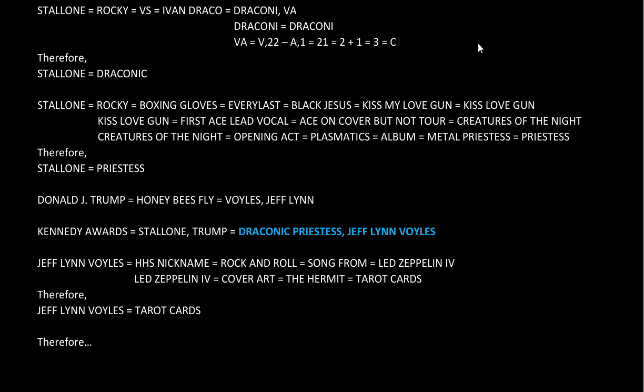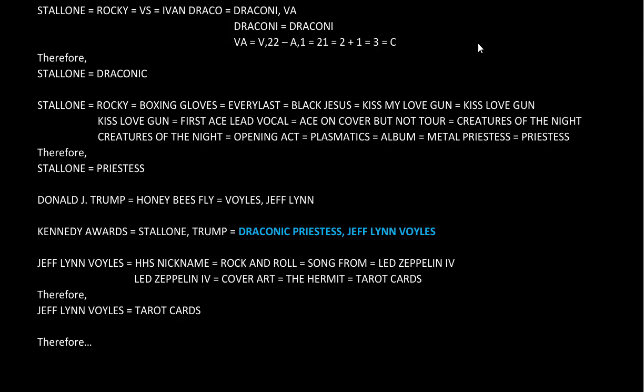Ivan Drago becomes Draconic. Stallone, as Rocky wore boxing gloves. Boxing gloves equals Everlast equals Black Jesus equals Kiss My Love Gun equals Kiss Love Gun. Kiss Love Gun equals first Ace lead vocal. Ace on cover but not on tour. Okay, first lead vocal, that puts the spotlight on Ace. There was an album on which Ace was on the cover, but he was not on the tour.